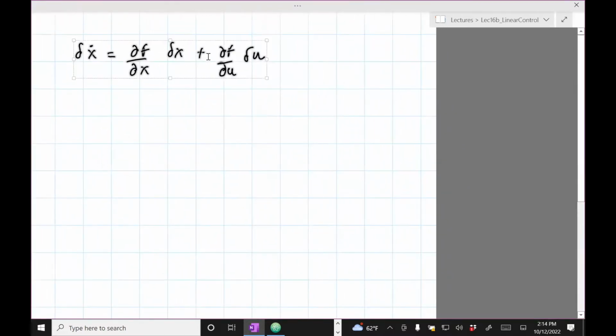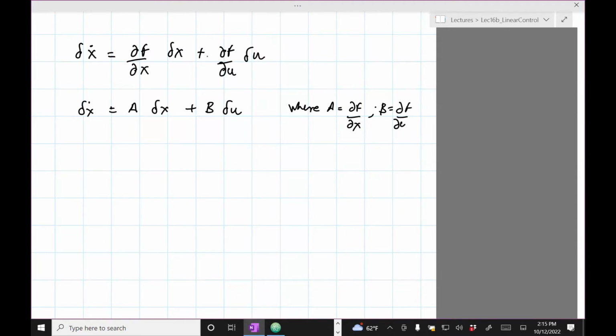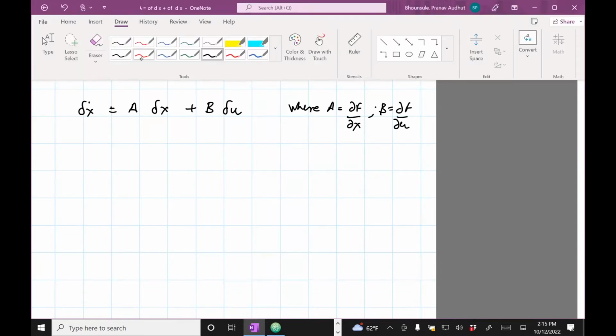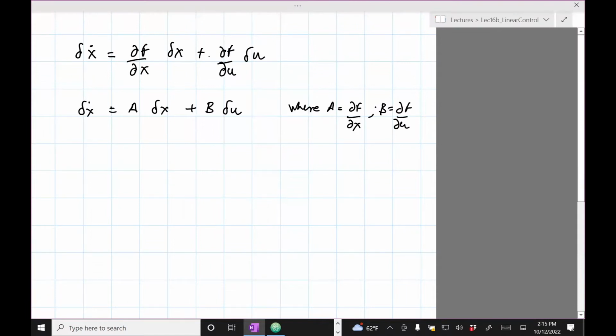The reason I wrote this like this is because we will now define our A matrix as df/dx and B matrix as df/du. Then we can proceed with our controller development, where A is df/dx, B is df/du.